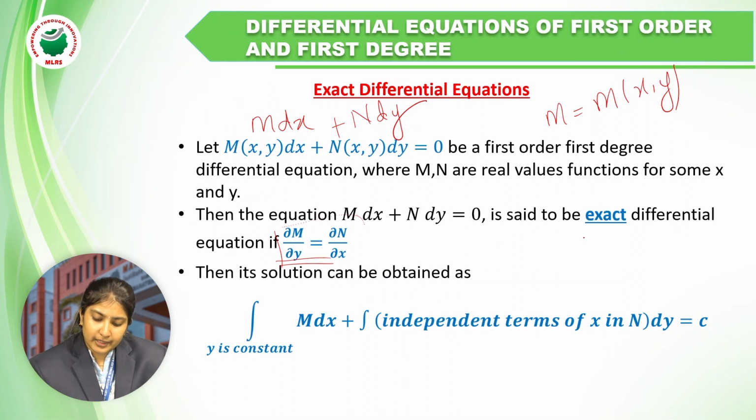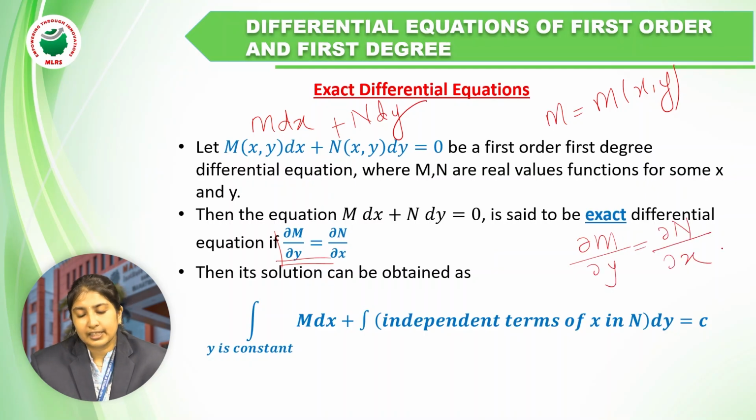Now, how do you understand dou M by dou y and dou N by dou x? I don't think we have seen these terms previously. In the past conversation I said there are two types of differential equations: ordinary differential equations and partial differential equations.